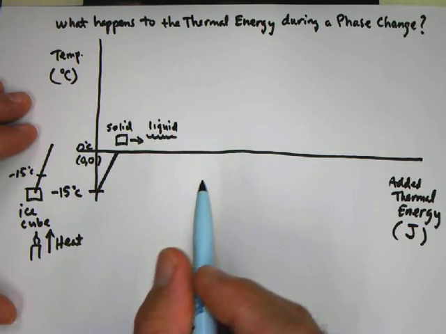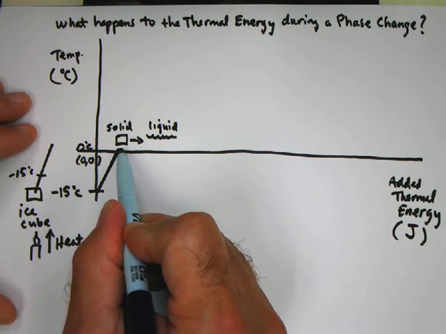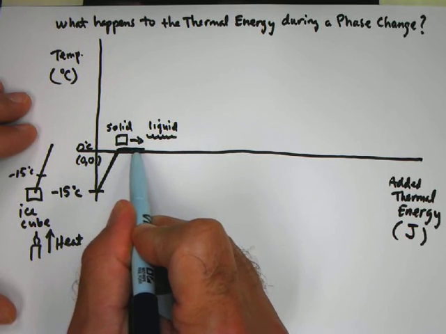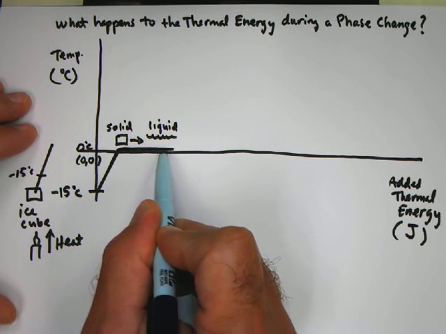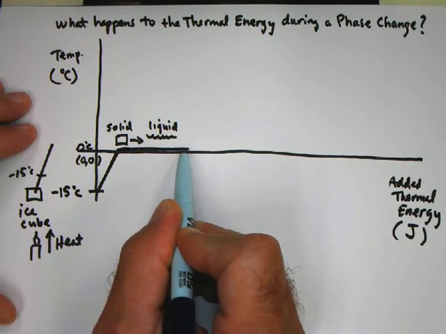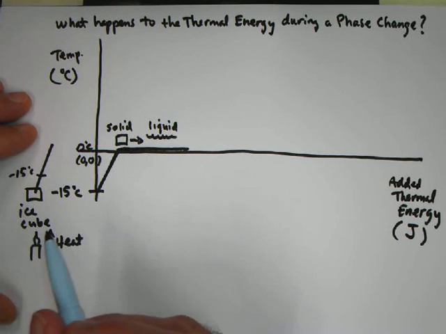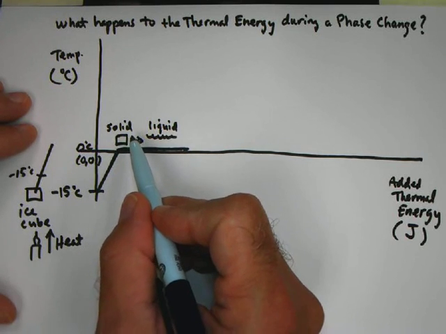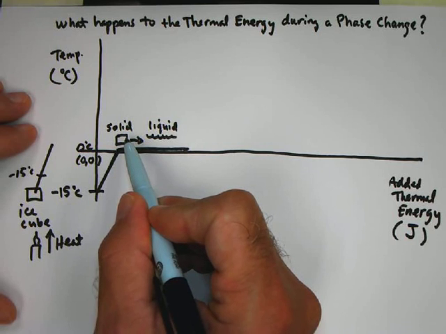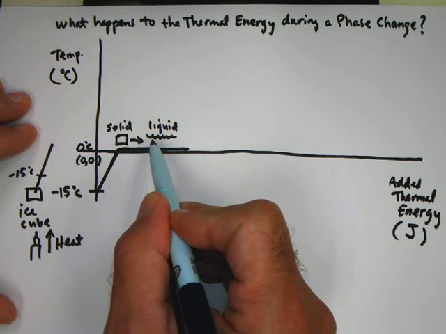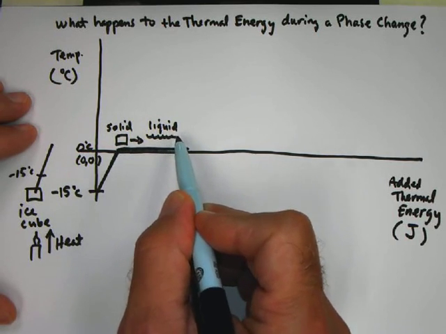Surprisingly, the temperature during this phase change stays at 0 degrees Celsius for the entire amount of time when the solid ice cube melts gradually into liquid water. So it stays at 0 degrees Celsius.